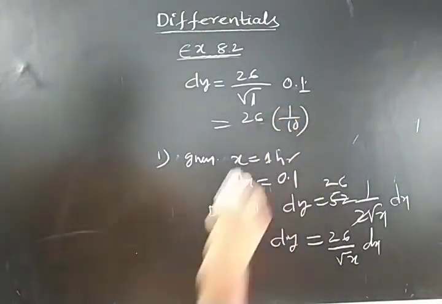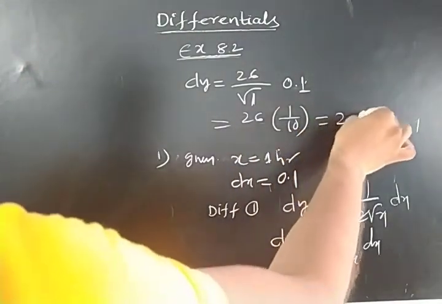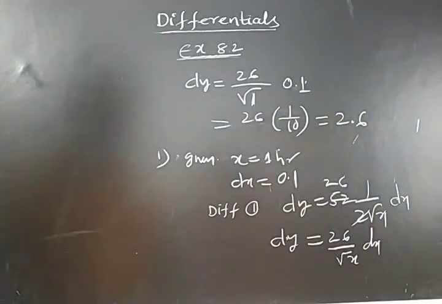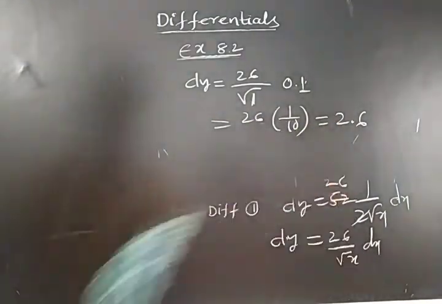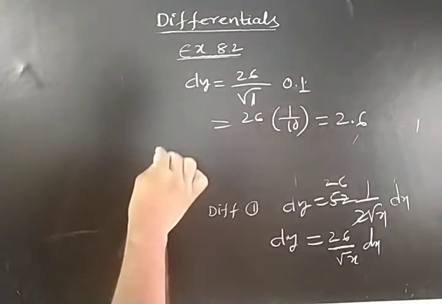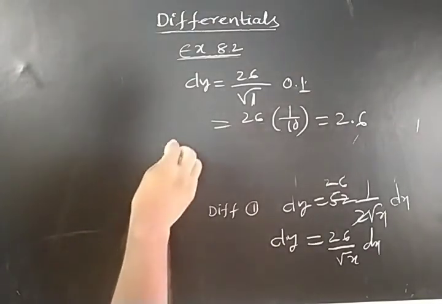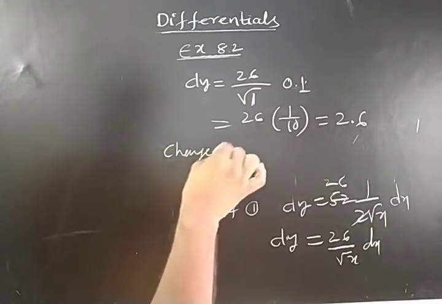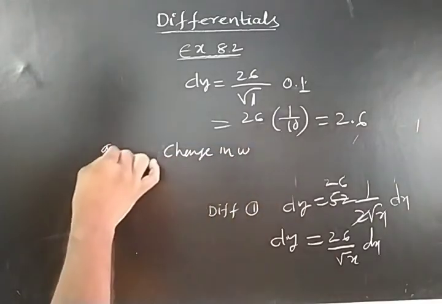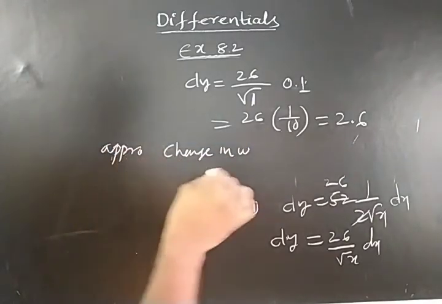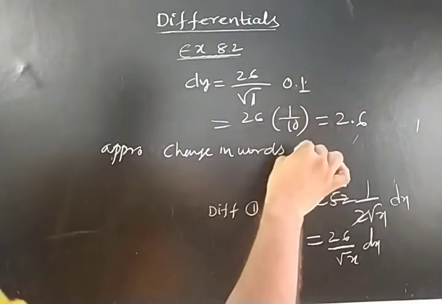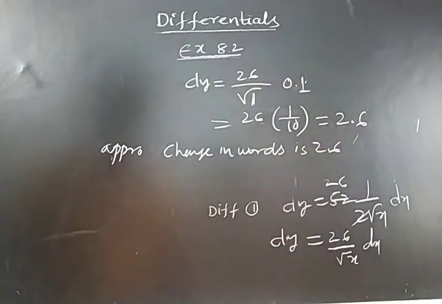So 1 by 10 into 26 is 2.6. So the approximate change in words is 2.6 for the first question.